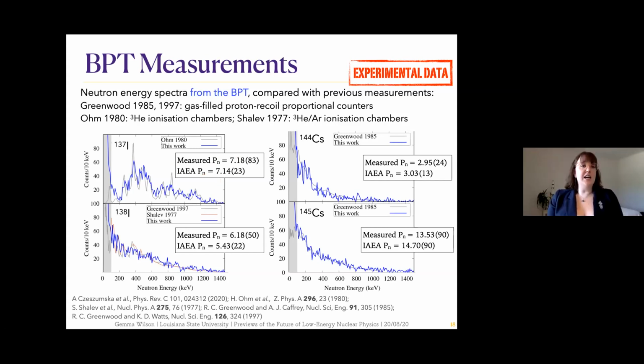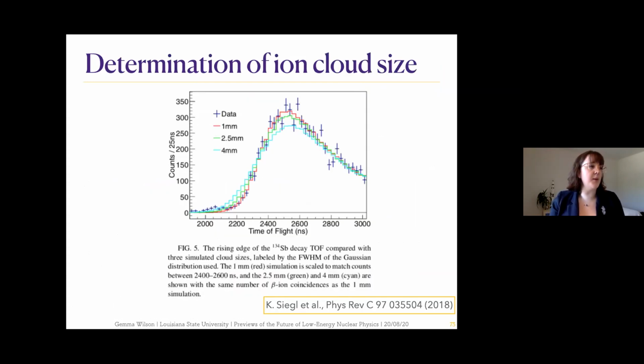So the ion cloud size, I did say on one of my slides, was determined experimentally, and in my backup slides I put a plot from Kevin Siegl's paper. The way to determine the ion cloud size is through simulation, to see which simulated value best matches the data. In this case, for the antimony-134 precursor, it's the rising edge of its time of flight compared to three simulated cloud sizes.